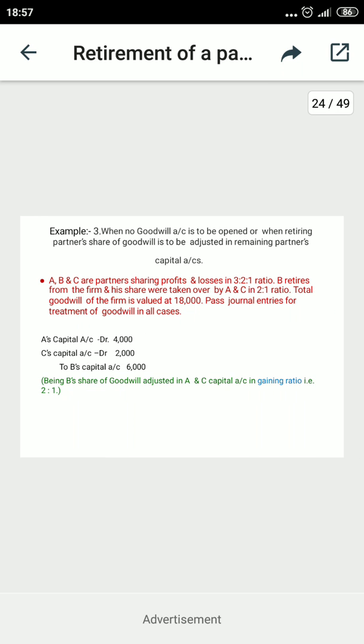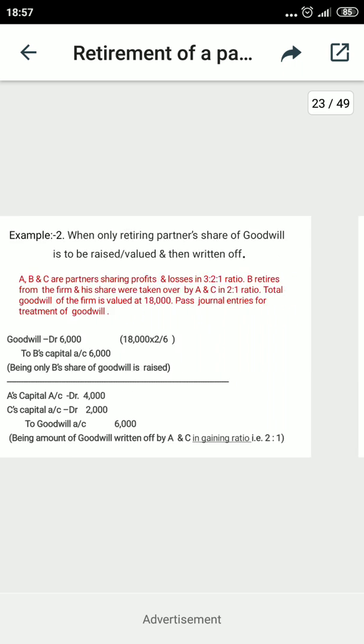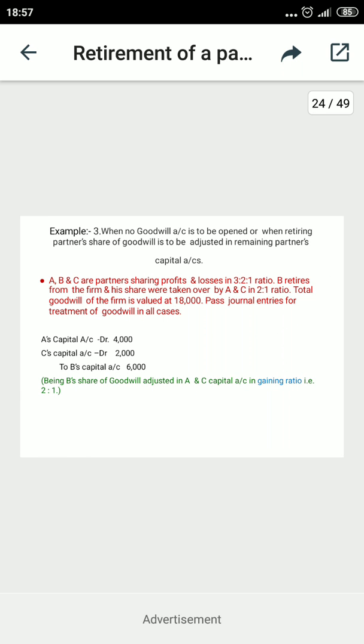Now I am moving to the third example, with the same question, same ratio and same value of goodwill. Now you may observe that the goodwill account is not opened. This is the direct entry from your previous lesson. The entry is A and C to B: A's capital and C's capital 4,000 and 2,000, and to B's capital 6,000.